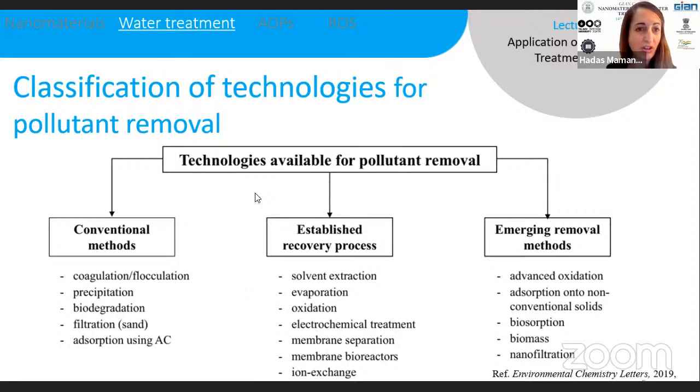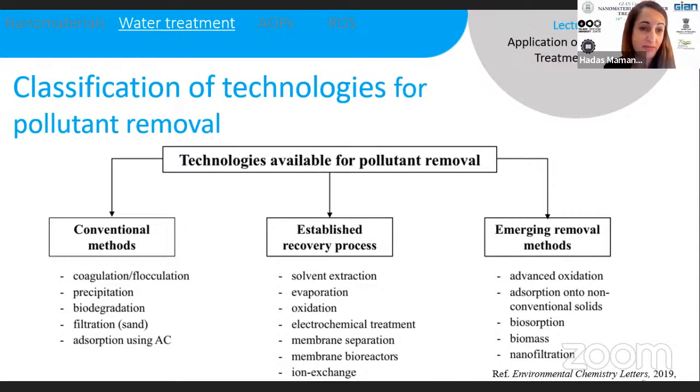Now, the treatment technologies that are available for pollutant removal are wide. We have the conventional methods that Dr. Birani already discussed, so we don't need to go over these methods, which include coagulation, flocculation, precipitation, filtration, adsorption to activated carbon, biodegradation.